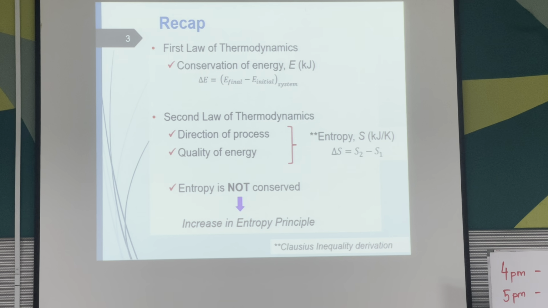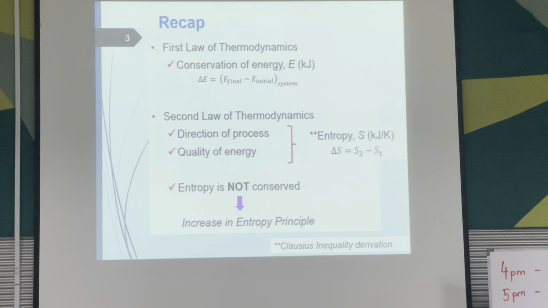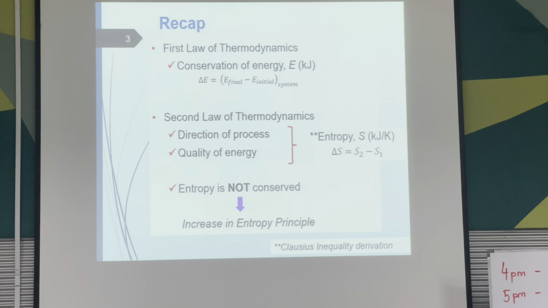So when the energy changes from one type to another, there is a direction to it, and it is determined by the quality. So for this direction-wise thing, we use entropy to determine basically whether that direction is possible or not.